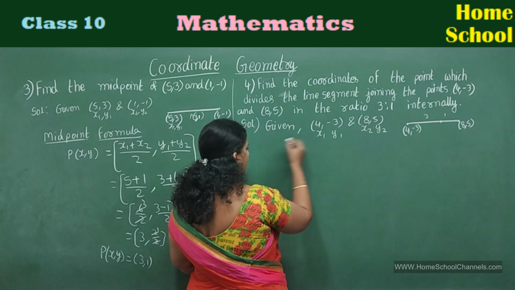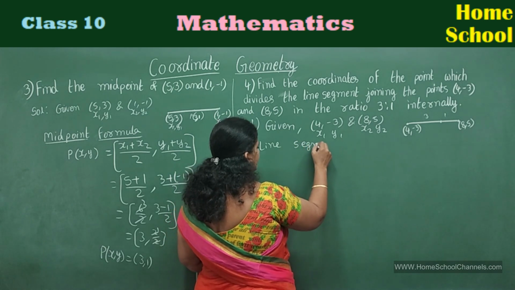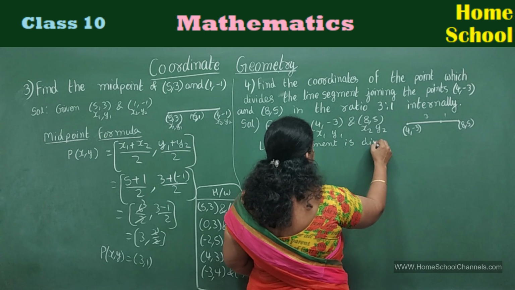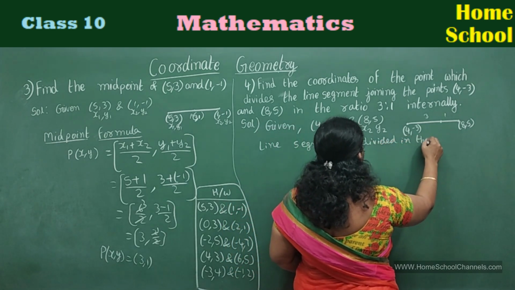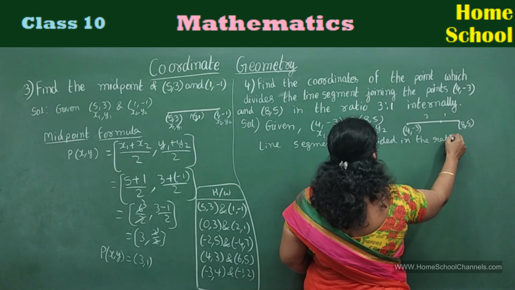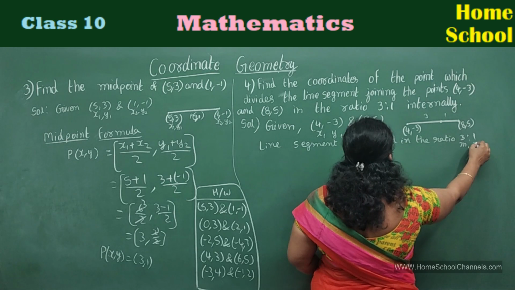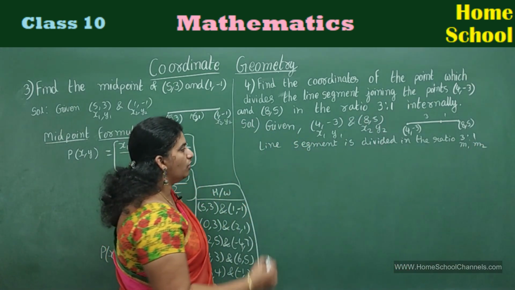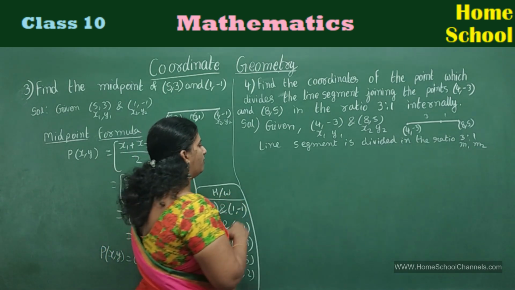And the line segment is divided in the ratio 3:1. This one let me mark m1 is to m2. We know by section formula.